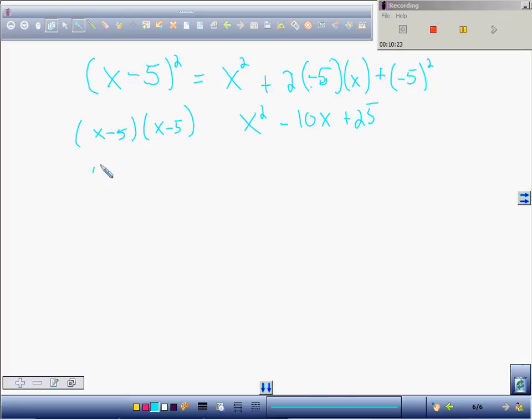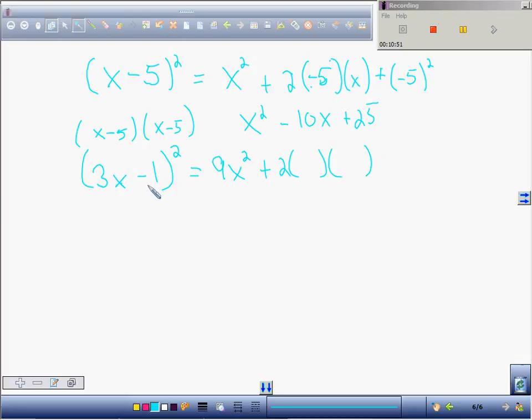Now we're going to boost it up a notch because I know you want to be challenged. 3x minus 1 quantity squared. Okay? What's that going to be? Well, look at the example. What's 3x times 3x? 9x squared. Okay? Then I'm going to have plus 2 times something times something.